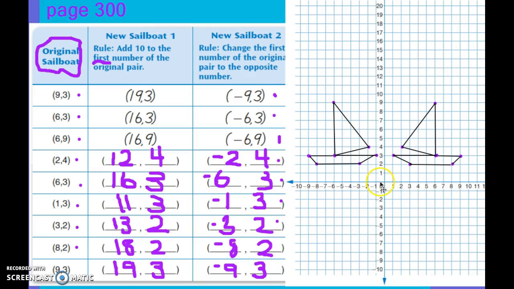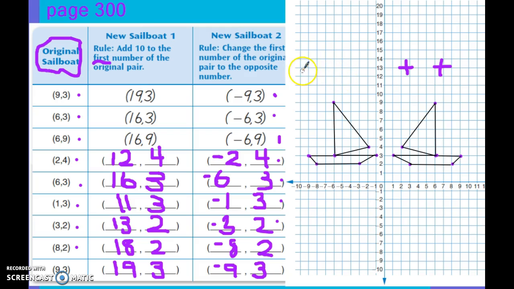When you have a positive first, you'll run positive, but then if you have a negative second, you'll jump down into the negatives. Okay, if you have a negative, you'll run negative and go down negative. So sometimes it's helpful to know if I'm up here, we know it's positive, positive.